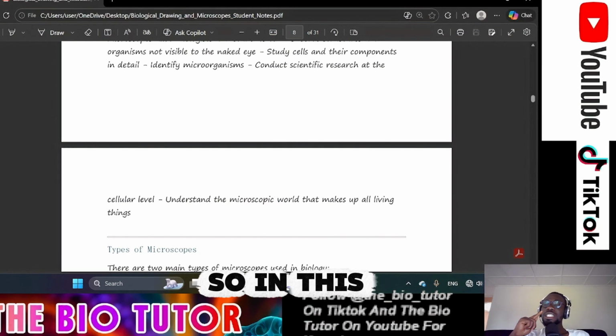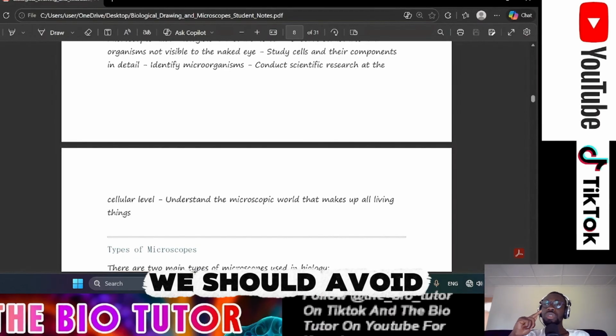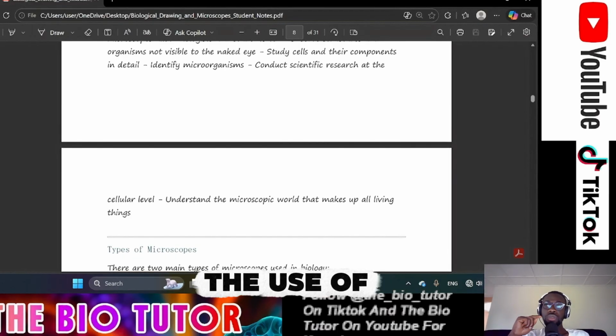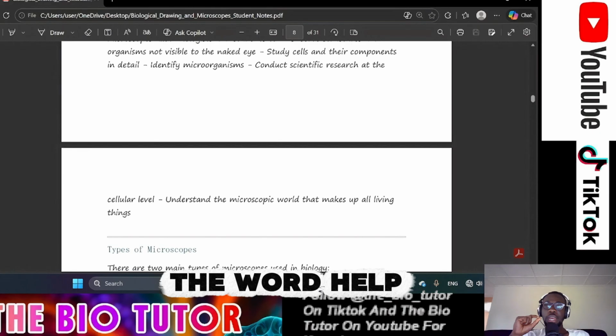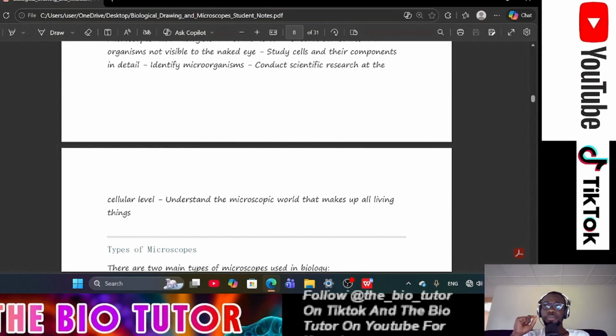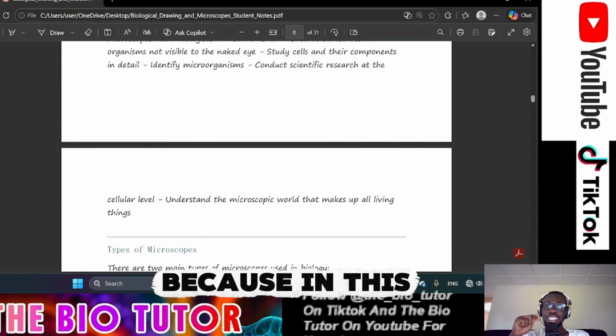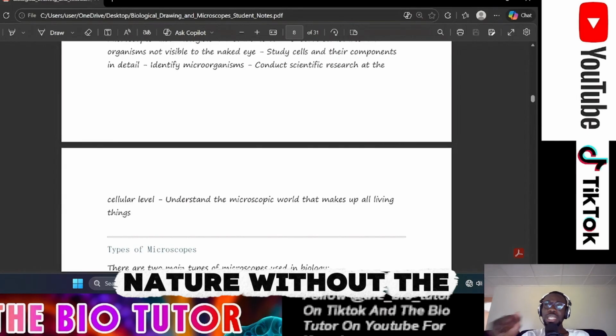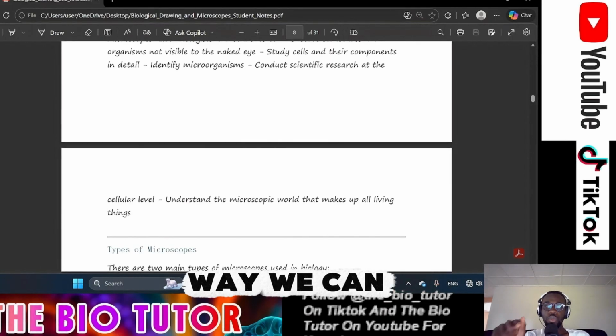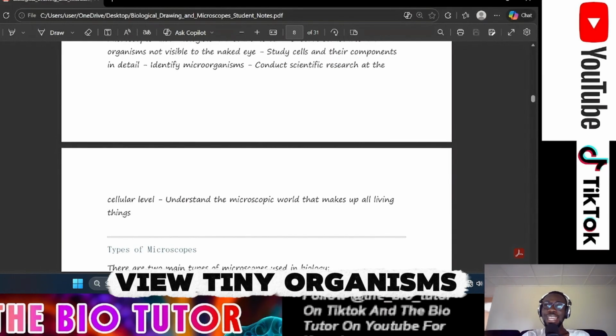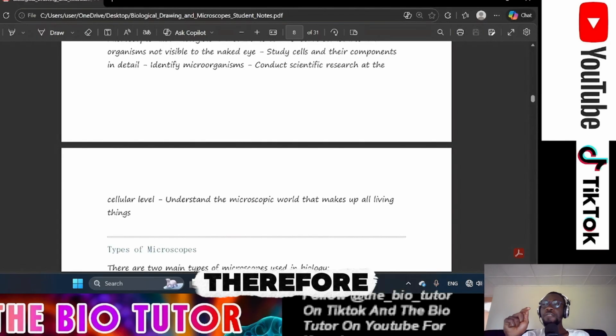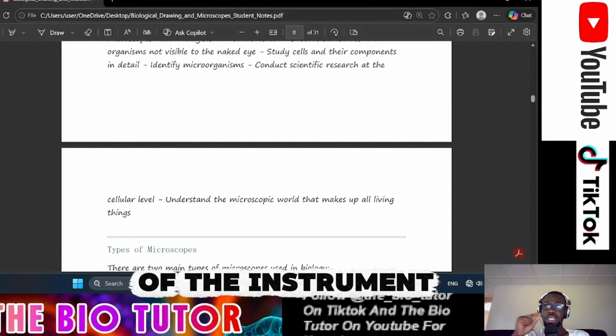So in this point, we should avoid the use of the word help, because in this nature, without the instrument, there is no way we can view tiny organisms. Therefore, it is not helping, but it is the job of the instrument.